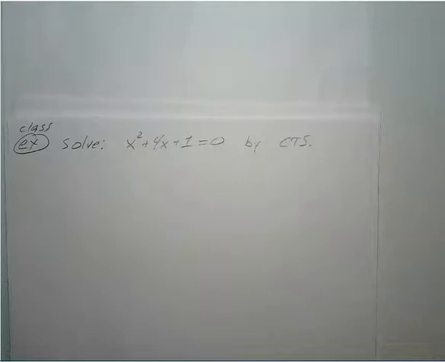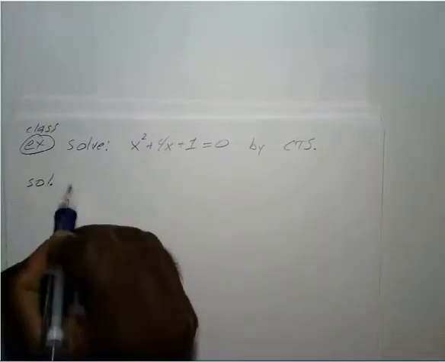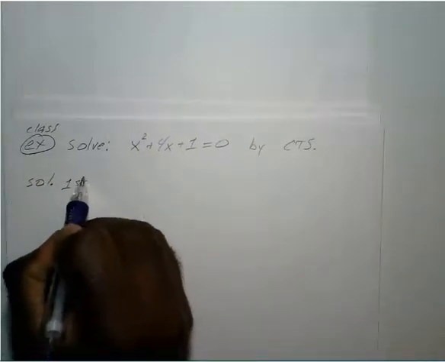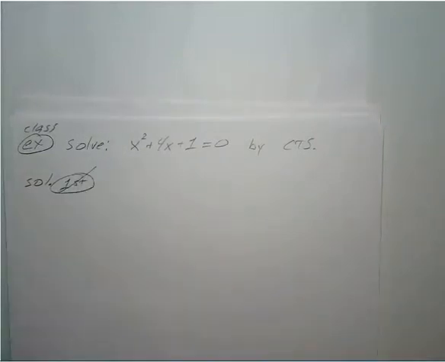So go ahead and start on this one. Alright, so assuming you've already pressed pause and you've worked on this one. So your first step, there's nothing in front of the x squared. So we can go ahead and skip that first step.